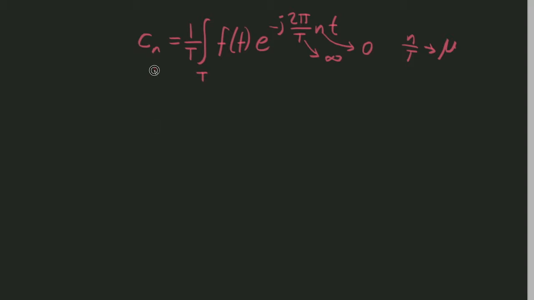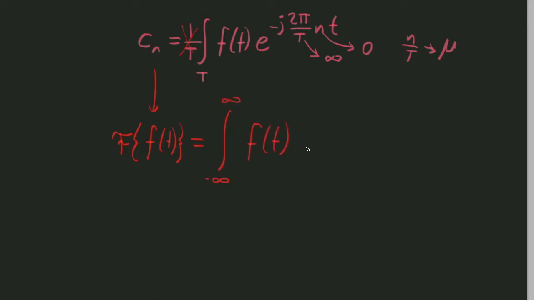So now instead of Cn, we have a continuous function. Let's call this transformation the Fourier transformation of f of t, which will give us a continuous function in the Fourier domain, is equal to, in this case, we do not have 1 over T. Again, we have an integral, but now since we have pushed each recurrent component of this periodic function to infinity, we should take this integral over infinity.